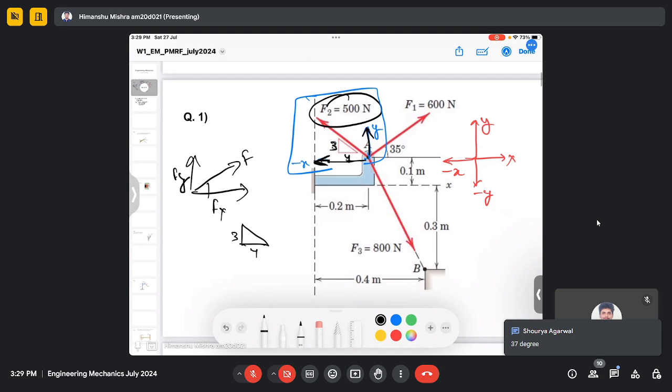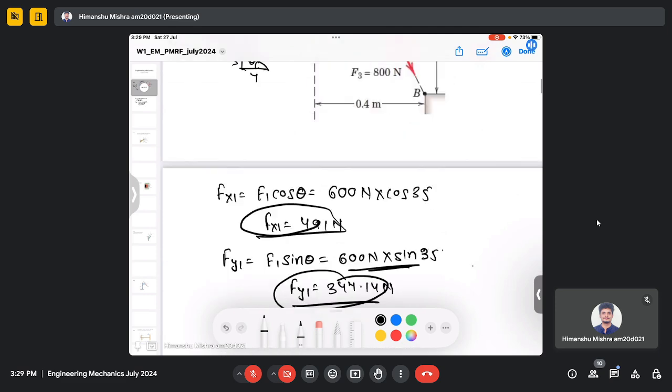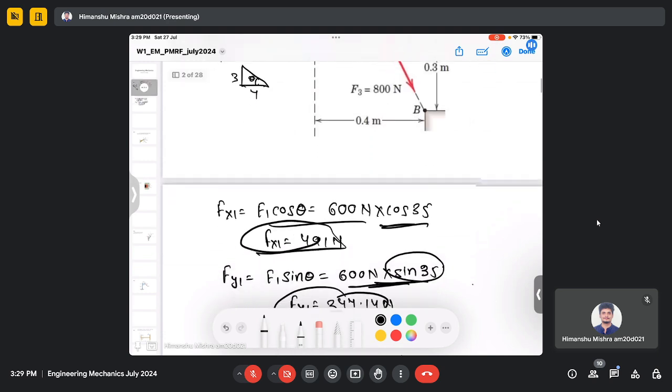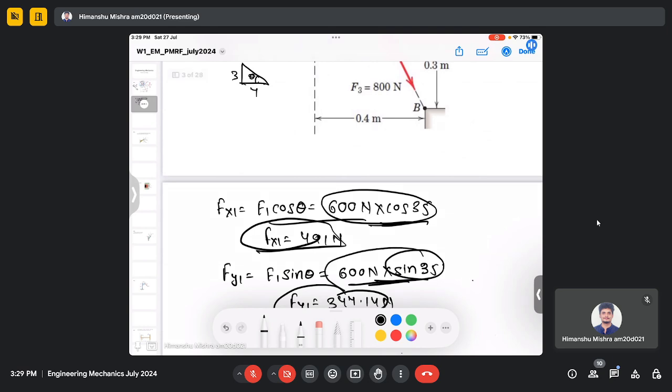As shown here, you can calculate the angle theta of this triangle by using trigonometry, or you can use the ratio of the sides. We already used trigonometry for F1, so for this part I will not use it.